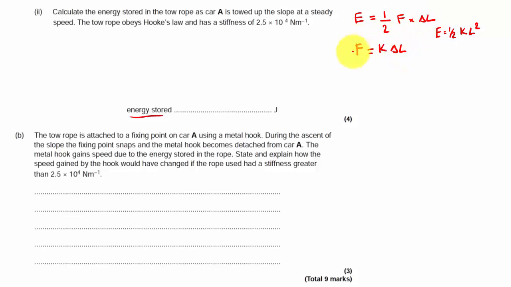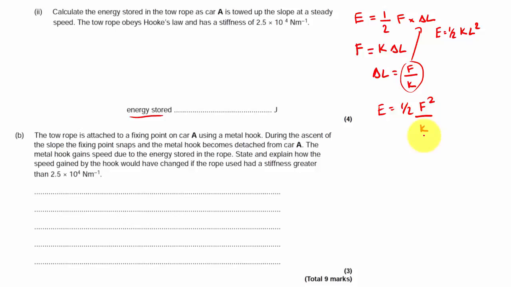If I rearrange this equation for L, so delta L would be equal to F over K, I can then substitute this in for delta L, which gets me E equals a half F times F over K, so it becomes F squared over K. And I can just use that equation to calculate the energy stored.